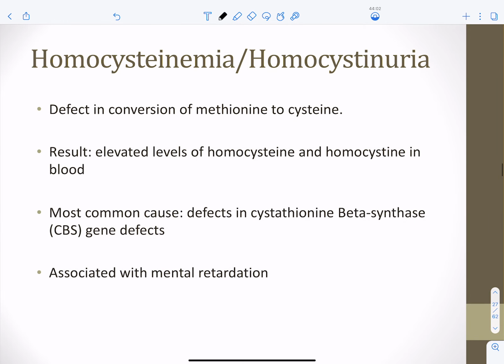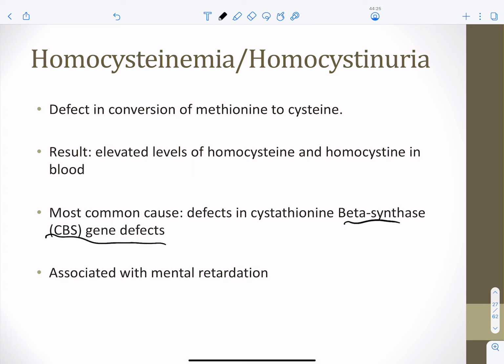Okay, so homocysteinemia, homocysteinuria, which is going to involve the defect of going from that methionine to cysteine. And this is going to lead to elevated levels of those precursor homocysteine. And these are going to mostly be caused by that beta synthase complex.